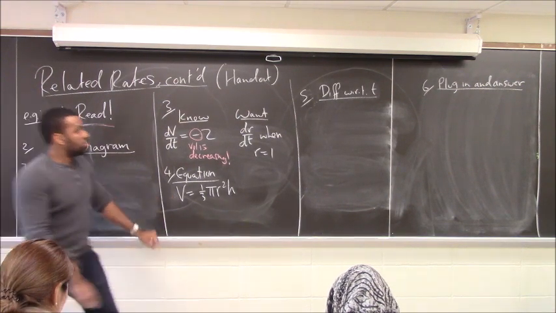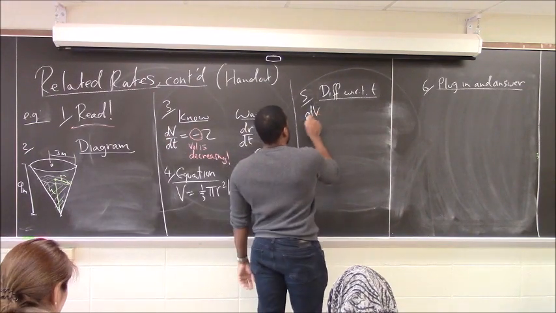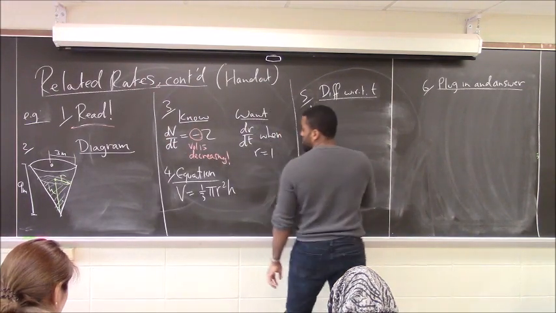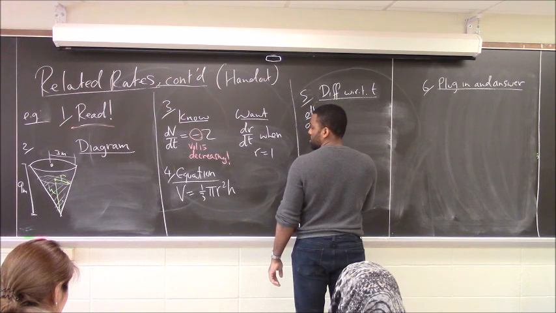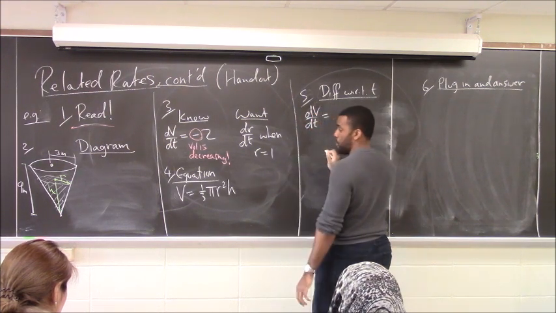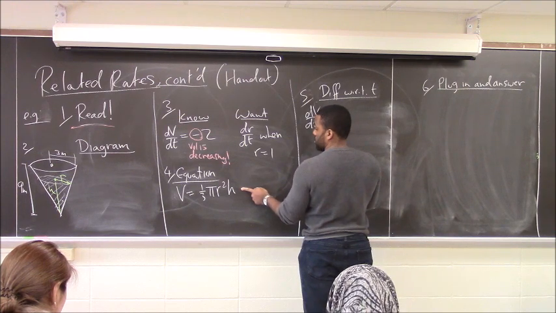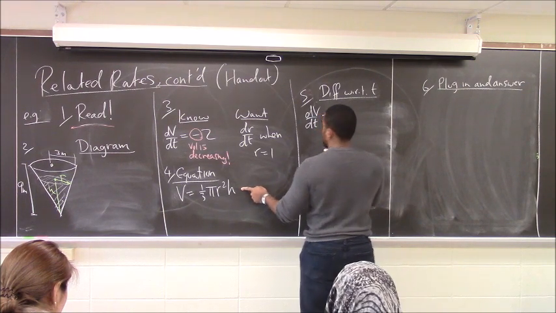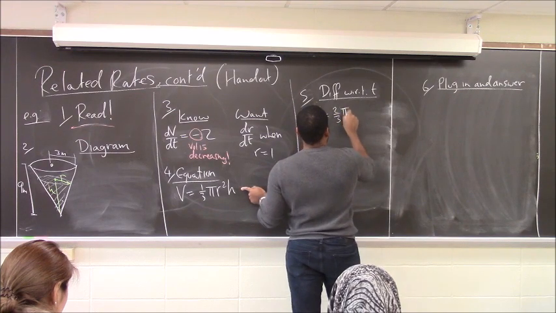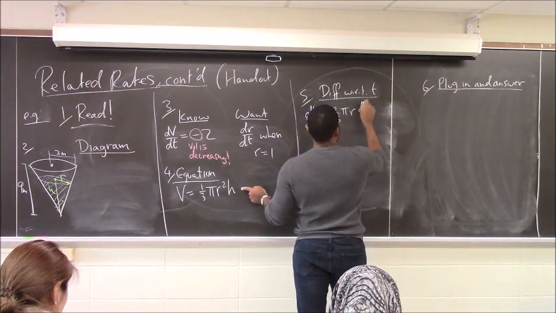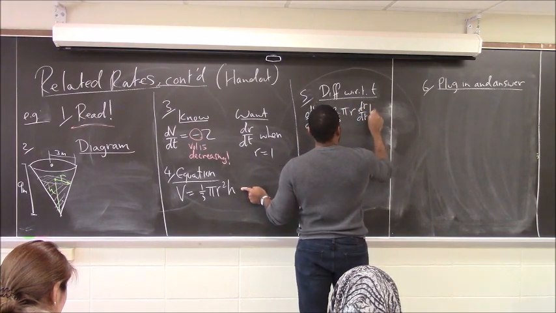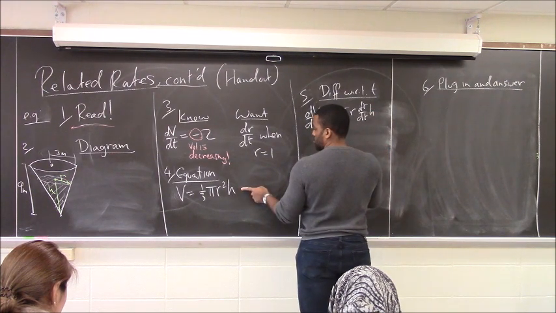dV/dt. Oh wait, no, yeah. Like the whole equation, yeah. 1/3 pi 2r times dr/dt times h, plus 1/3 pi r squared times dh/dt.